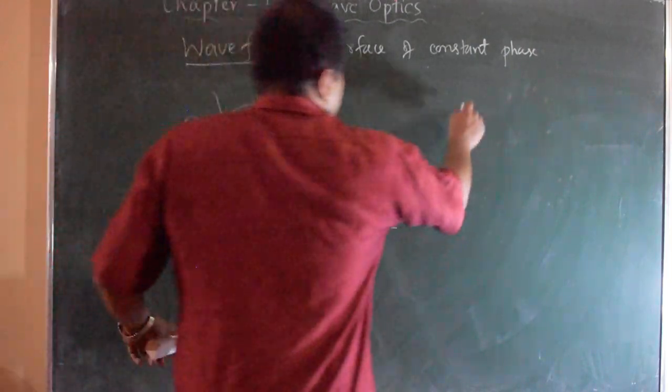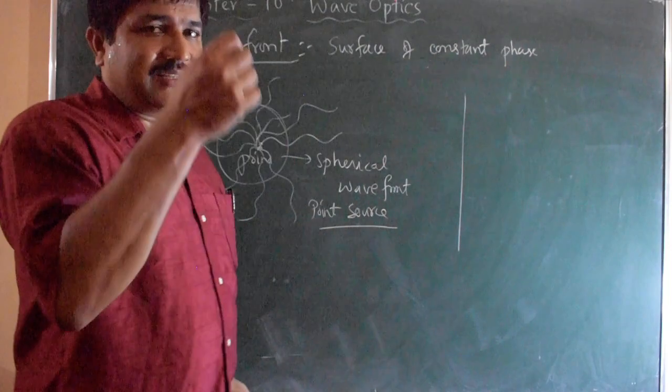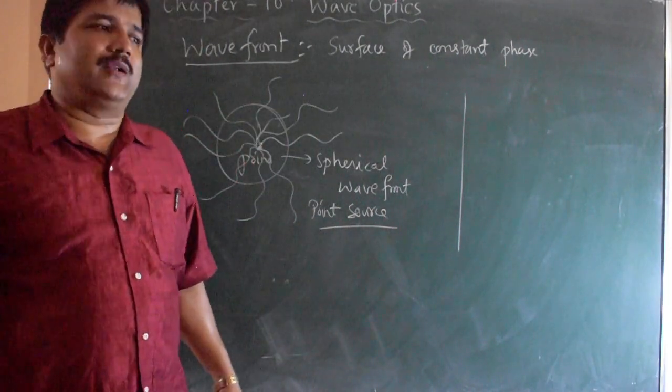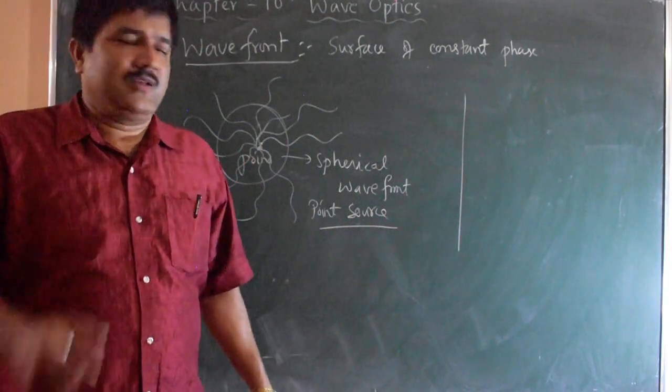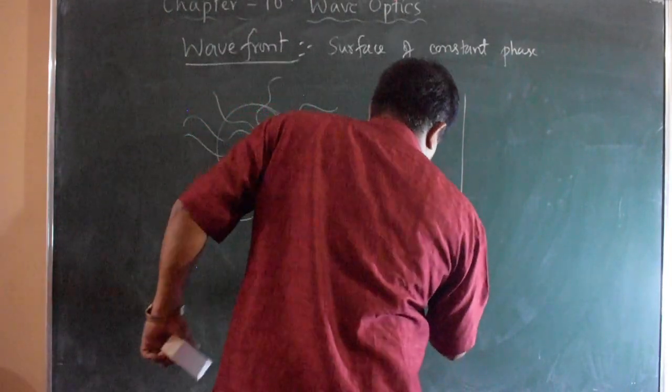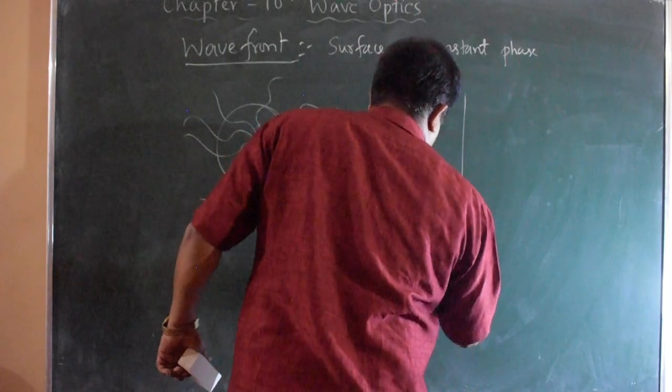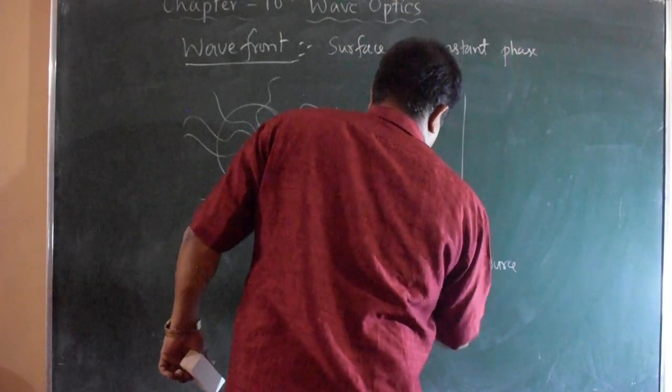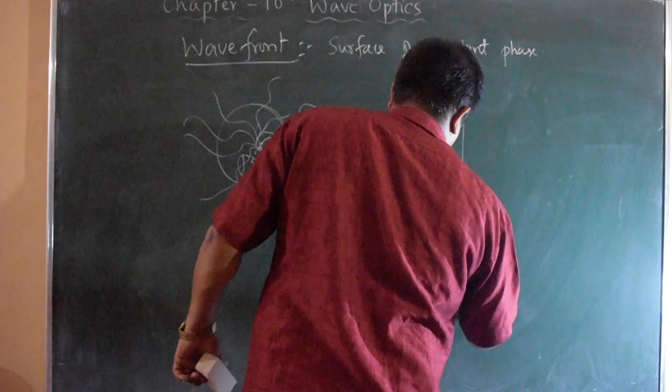If the source of light is a narrow slit, or a narrow lamp, a thin line, that kind of source is a linear or line source.